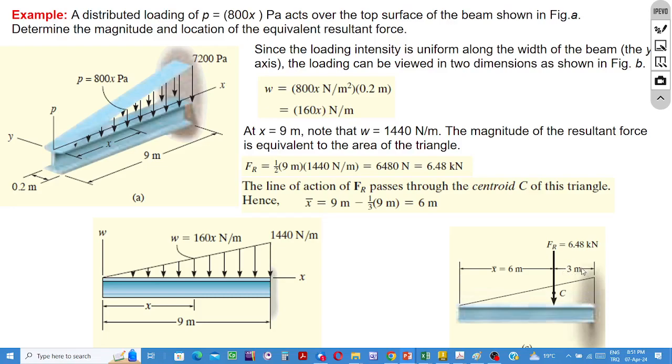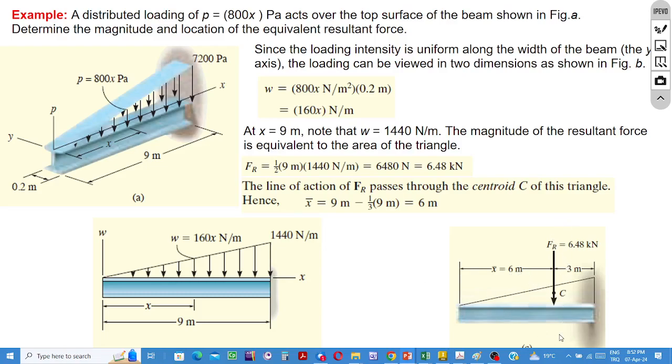But if the location dimension is to be expressed not relative to this end, but relative to the other end where we have the origin, then total length minus a third of the width of the triangle makes 6 meters. That is the coordinate for the line of action of the force.